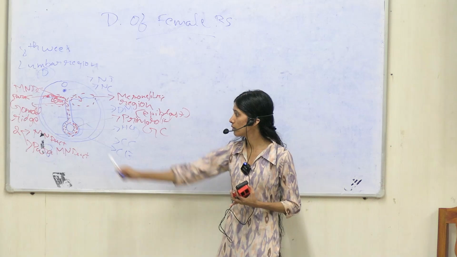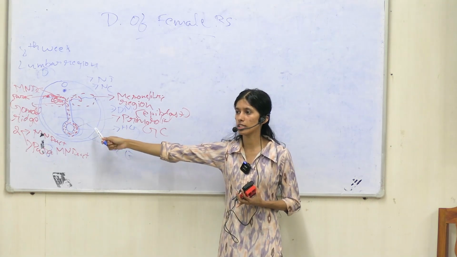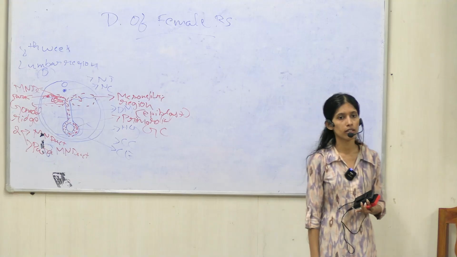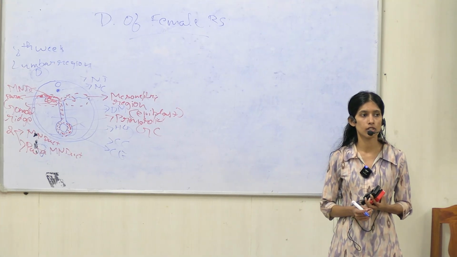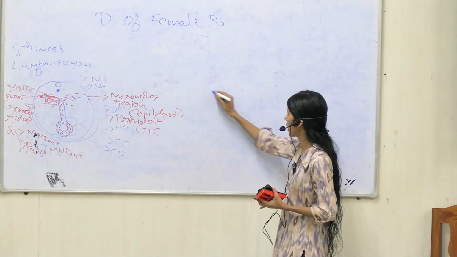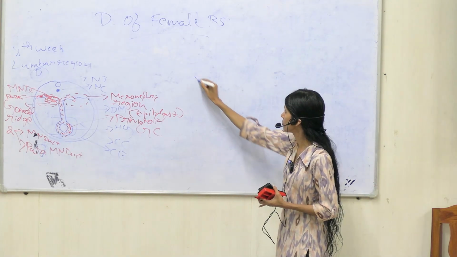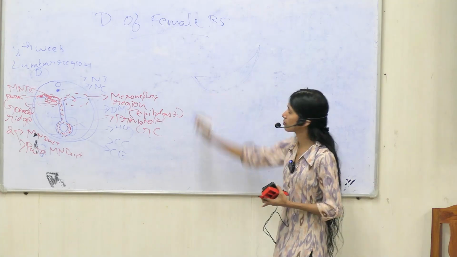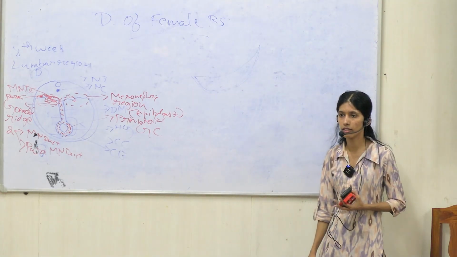The primordial germ cells present closer to your hindgut will travel through the dorsal mesentery and reach the gonadal ridge. And this is how the structure of the gonadal ridge will appear. This is the gonadal ridge.